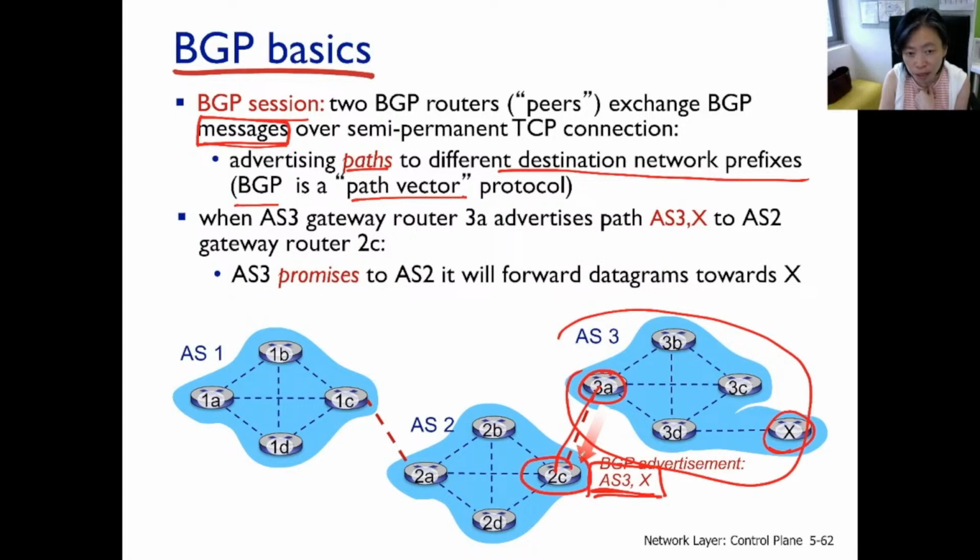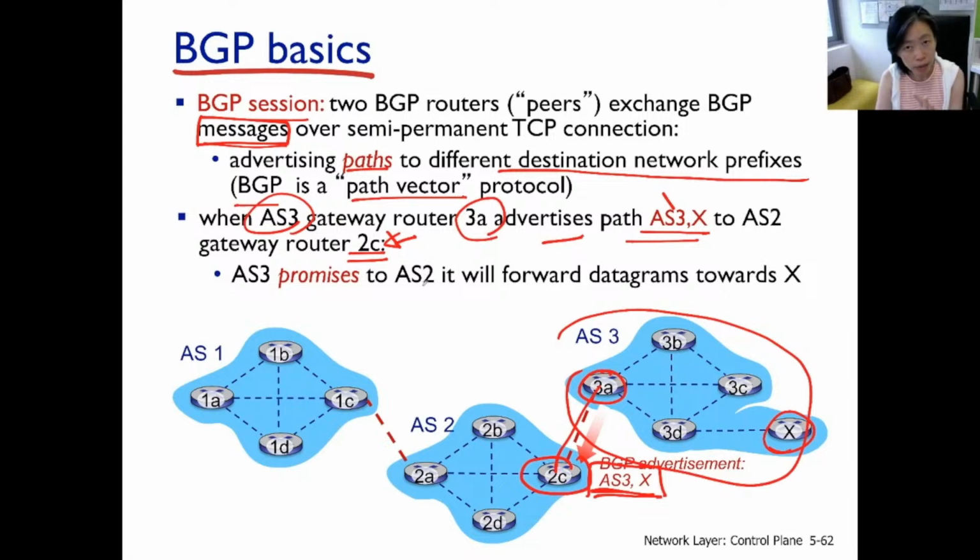So 2C here will receive the AS path, AS3, X. So AS3's gateway router 3A will advertise the path to AS2's gateway router 2C.